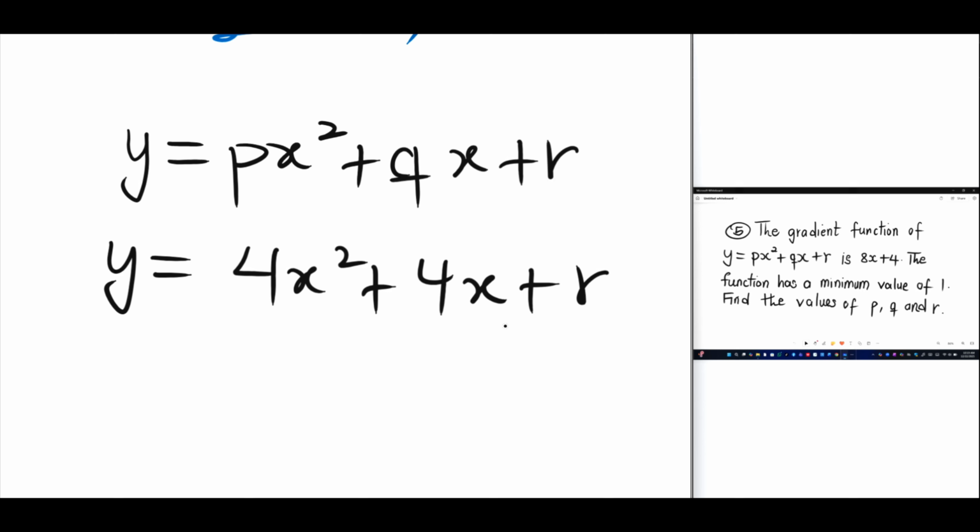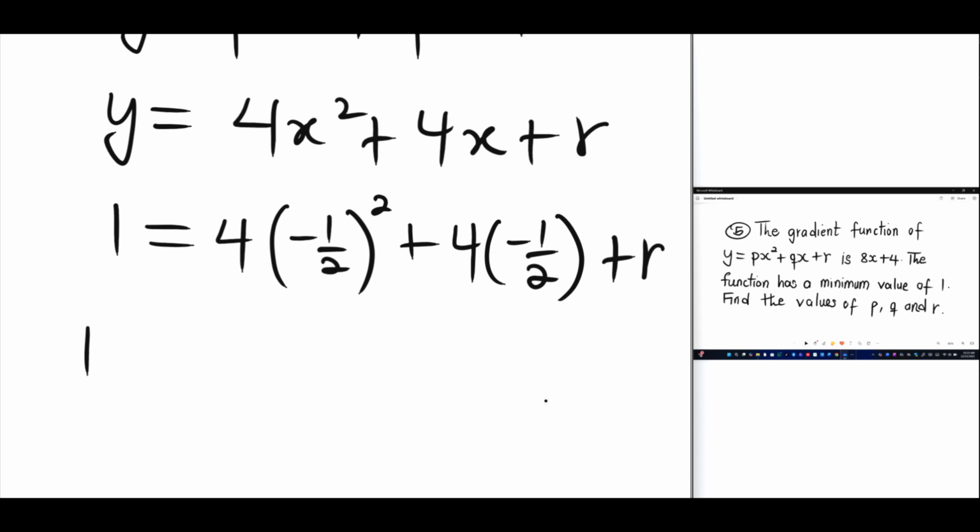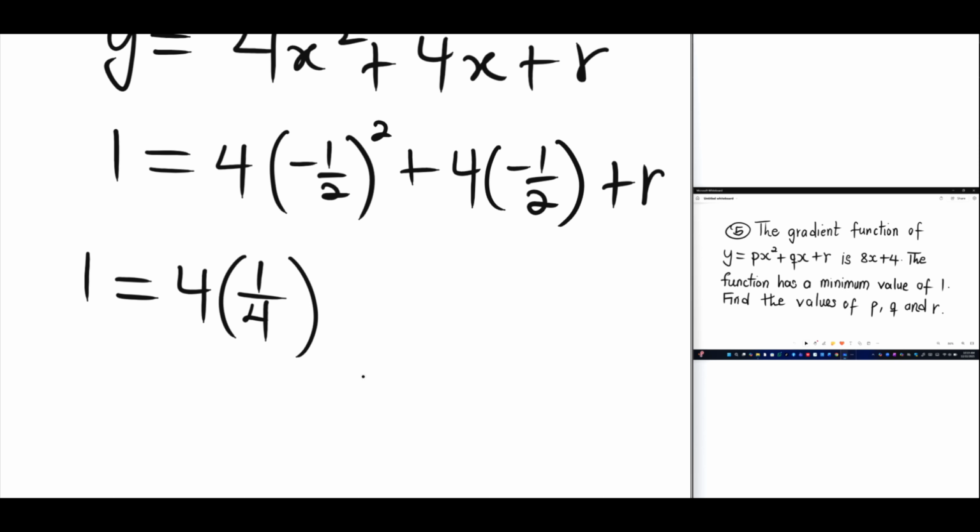So we know our y component to be 1, and our x component is negative half. So you plug in negative half for x. So this will give us 1 is equal to 4 multiplying negative half squared, which will give us 1 out of 4, plus 4 times negative half, which will give us negative 2, then plus r.